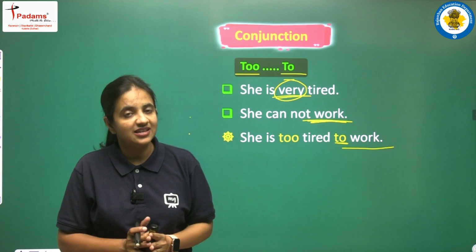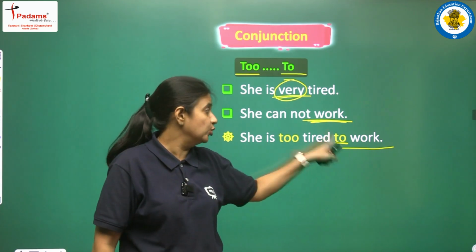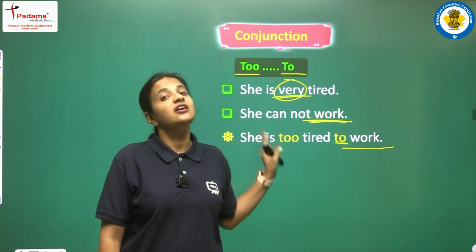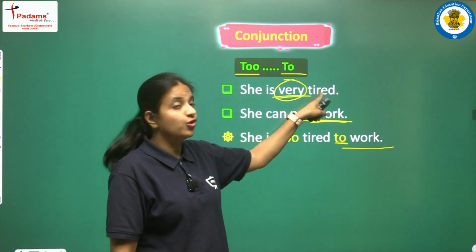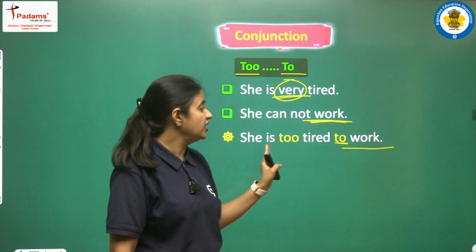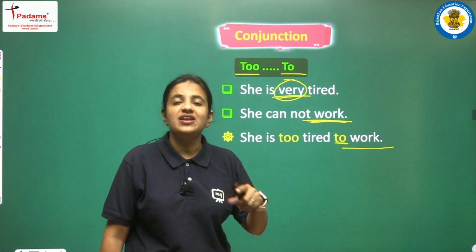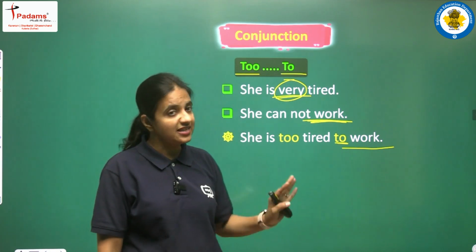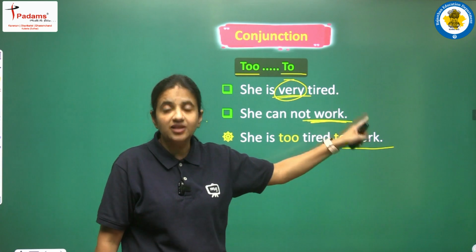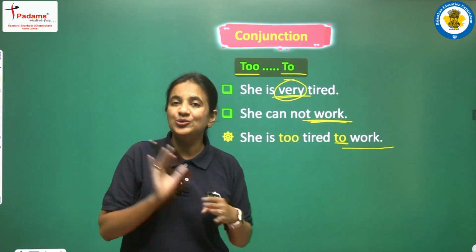The difference is there after so that and to. So and too, they are used in a similar manner. Both are the words used before the adjective, right? She is so tired, or we can say she is too tired. But if we are using so that, then the sentence will be she is so tired that she cannot work. But here we are using to.